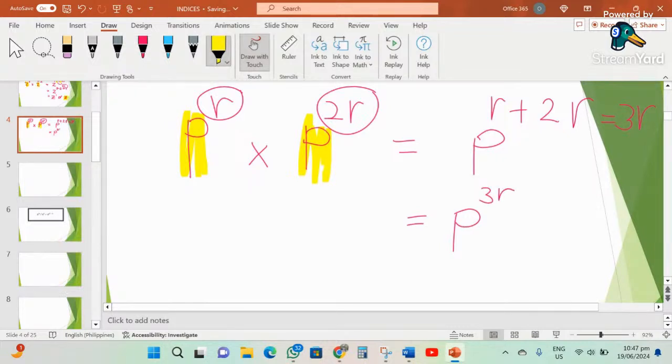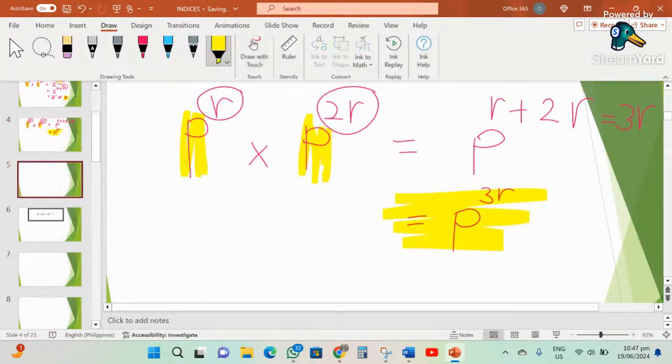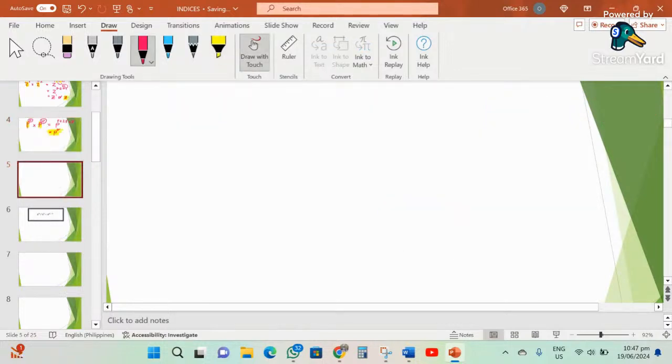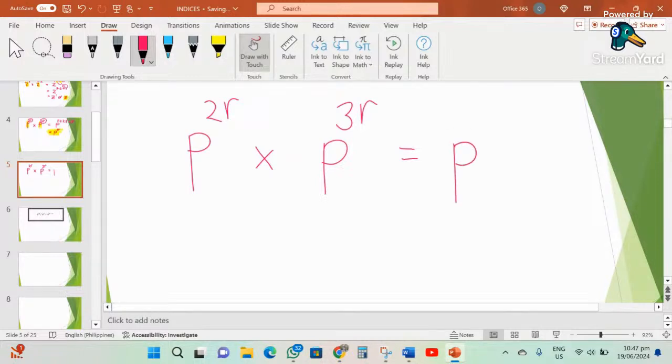So the answer would be p raised to 3r. That's the answer. It's the same when it's negative. So when it's negative, you do p to the 2r times p to the 3r. Then you will have p, and you get the sum of the two, 2r plus 3r.